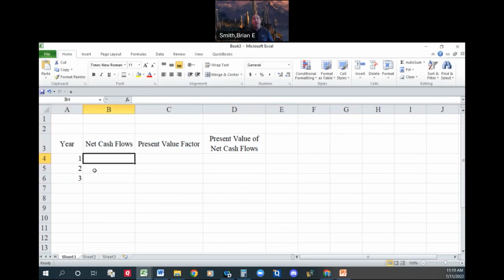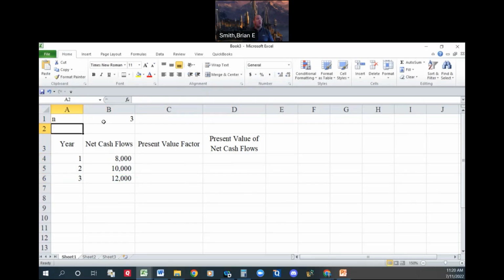I'll take the book's numbers: $8,000 is our net cash flow for a project, then 10,000, and then 12,000. I'm going to make this pretty, and our number of periods is obviously 3.